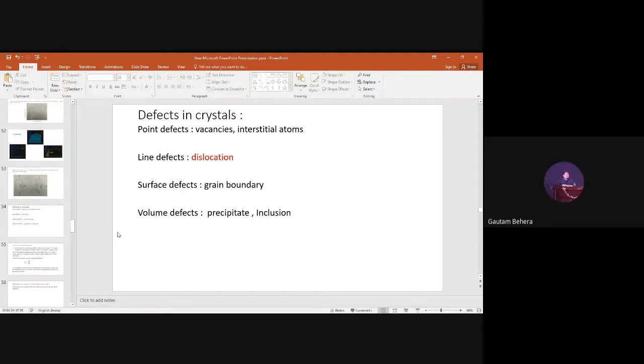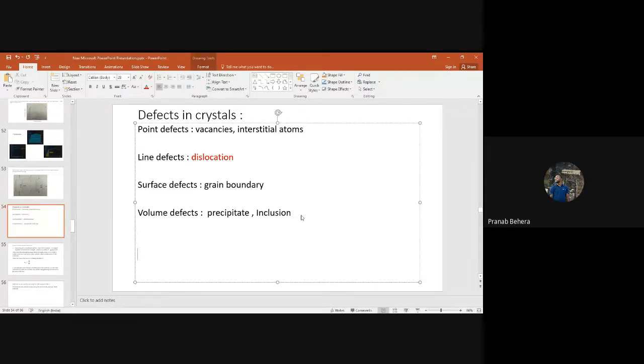How can you justify that? It will increase the strength of that material due to high dislocation density. Okay, very good. Excellent.